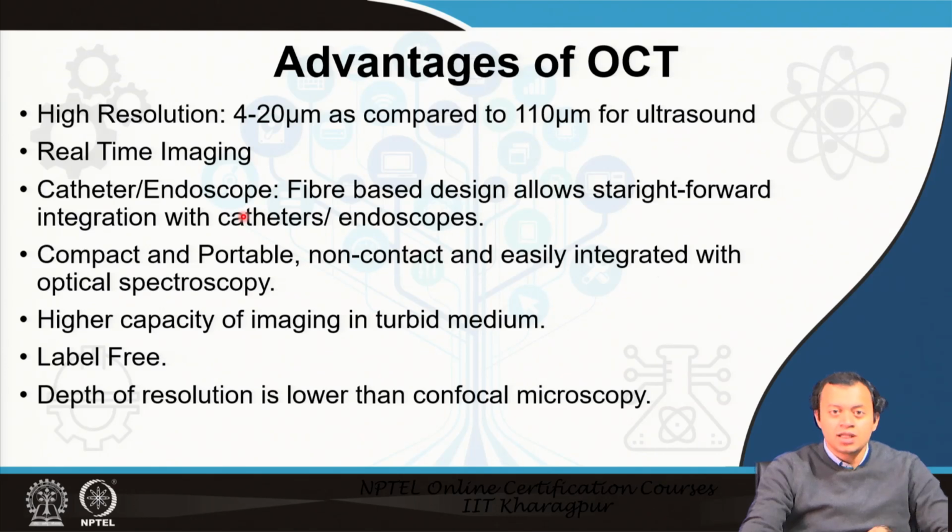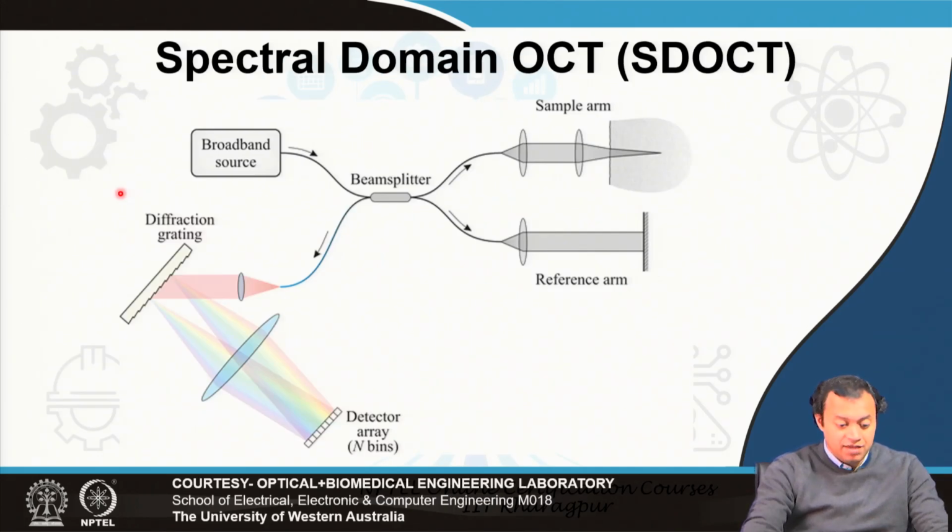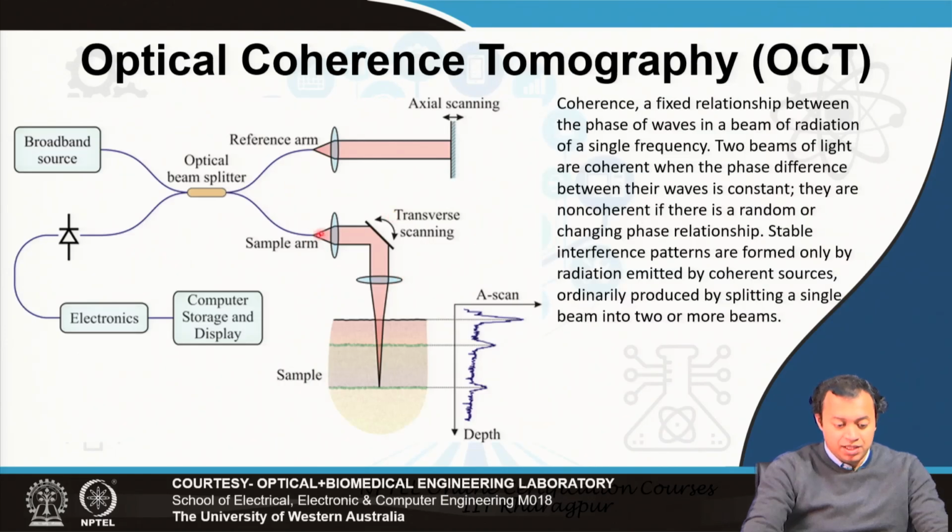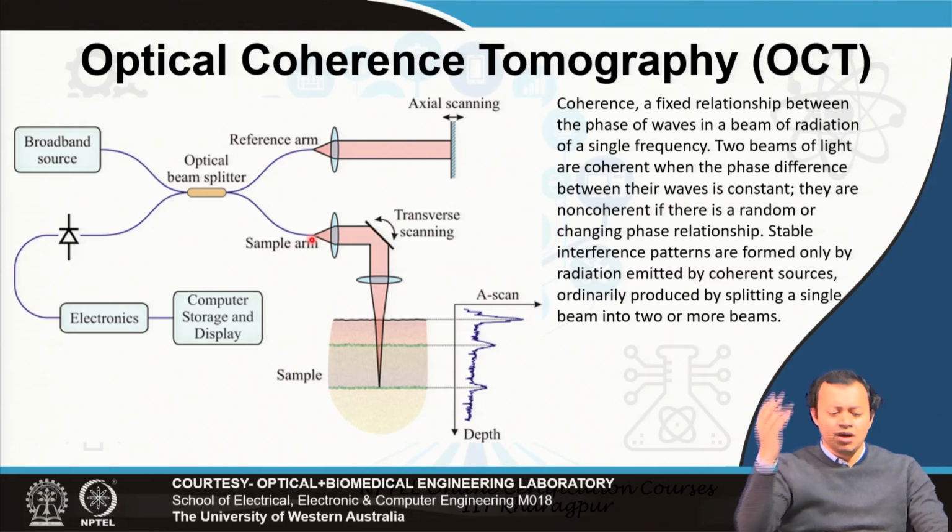And what are the resolution, or what are the advantages? The resolution is 4 to 20 micrometer, not breaking the diffraction limit, but remember, it is a fiber based system. So, one end of the fiber that is going into the sample can be put inside an orifice. Why not? Or in your eye, or any orifice per se.